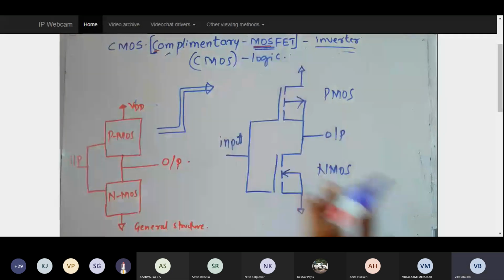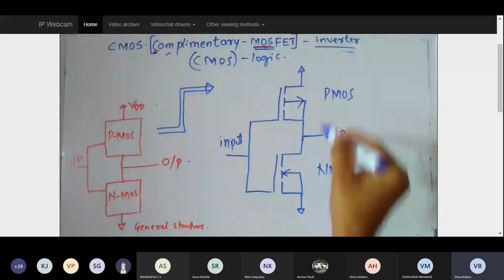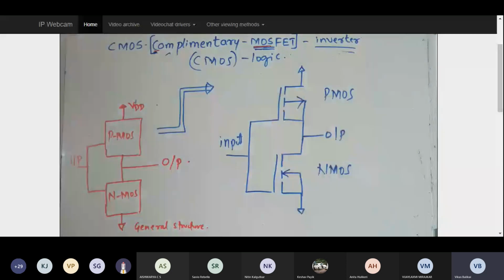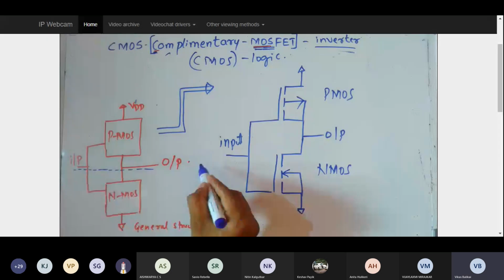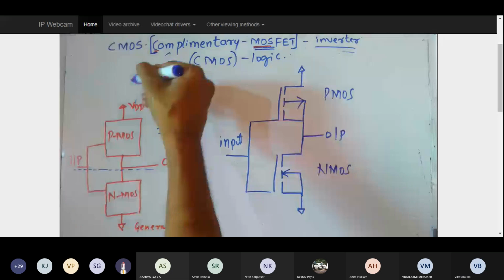Now can you compare this circuit with the circuit that I have shown over here, or the general structure? This portion is made up of PMOS, and because in the inverter I have only one PMOS and one NMOS, the structure will be very, very simple. The portion just above the input and output line, if I demarcate it, I get two portions: the upper logic and the lower logic.